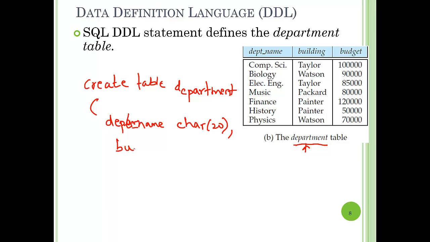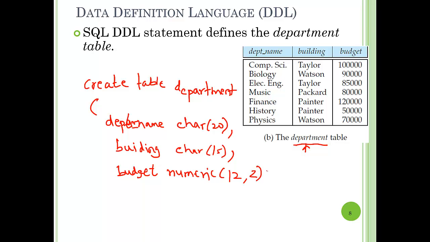Then the second parameter, building, again I will define as a character, building name of 15 characters, and budget. Here I will use a numeric value, where I can accept 12 digits and 2 decimal places, and I'm closing this with a semicolon. So in this fashion I am going to write SQL DDL statements for the table department.